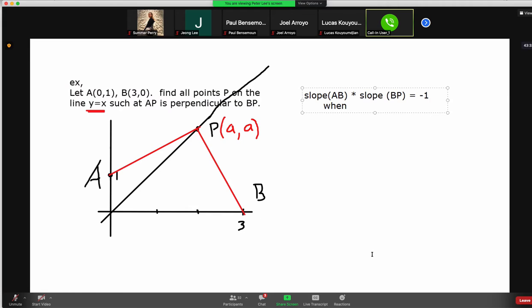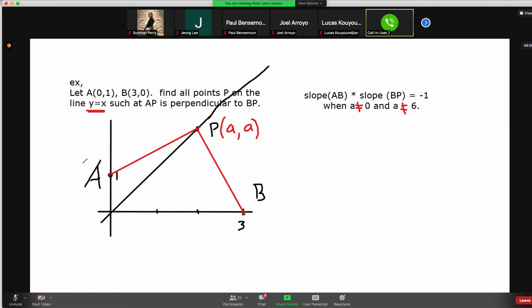Maybe I'll just write this here. I don't have an unequal sign, and a regular keyboard does not have one, so let me just write: when a is not 3 and not 0. When you get the slope of AP, of course, that assumes that a should not be 0.